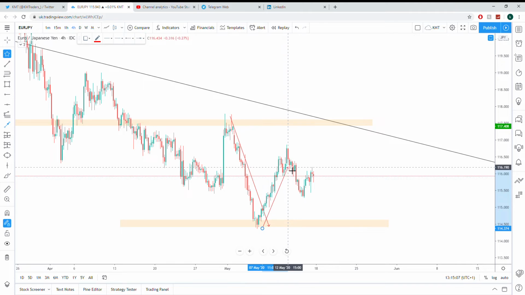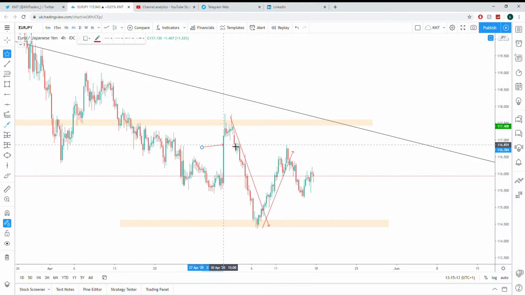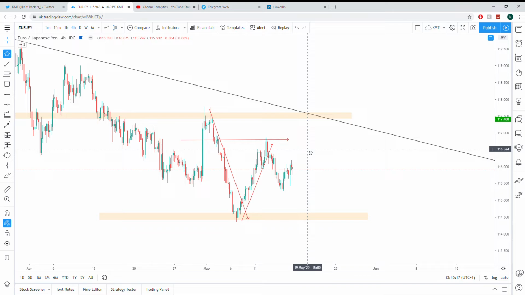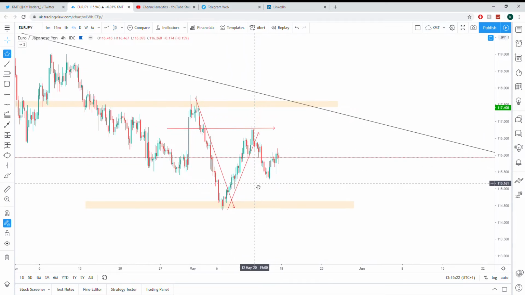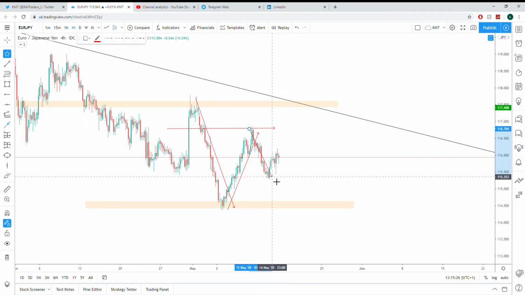We then have that huge retracement. But the thing is, we're looking at the structure here. So if you were to draw where this structure ended, it was roughly around this point here. So structurally, we are still in a downtrend. So the next momentum is the push to the downside.